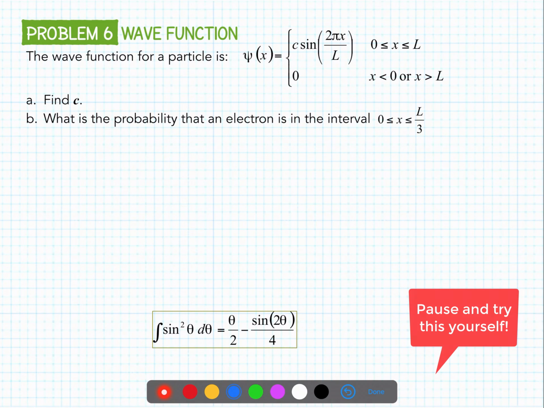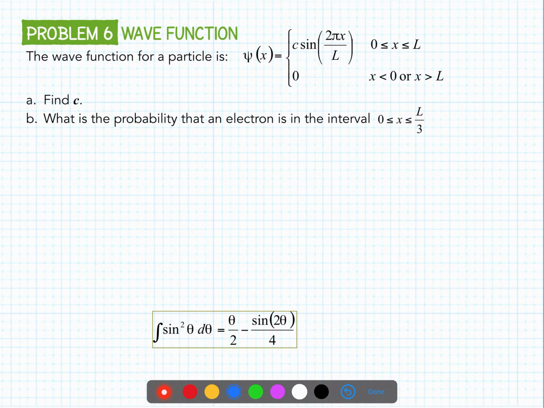Now the wave function, and here we have this wave function which says that, let's say we want to plot it, we have 2 pi x over L, and we can see that we're 0 until here, and then we have some sort of sinusoidal wave function that goes to L, and then it's 0 again.